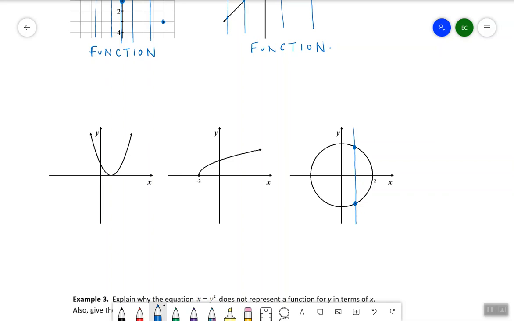So that goes right back to the definition of a function that we had in the previous video. And now we can see why the vertical line test is equivalent to our definition of a function. So this is not a function. It fails the vertical line test.